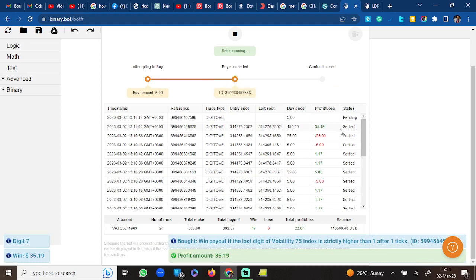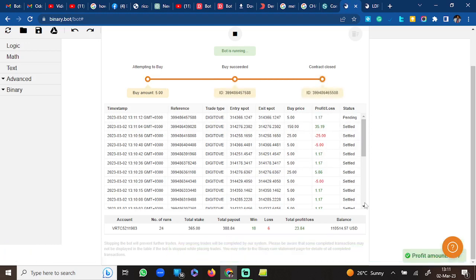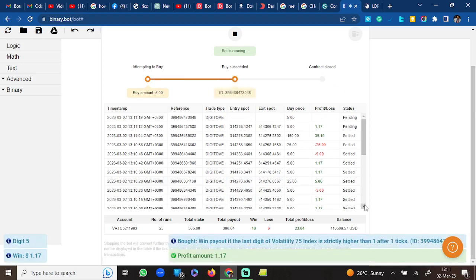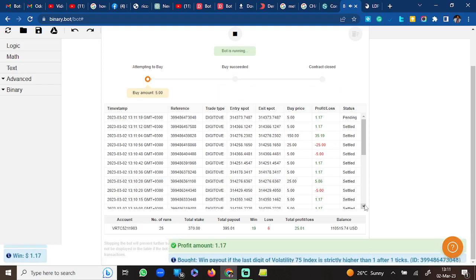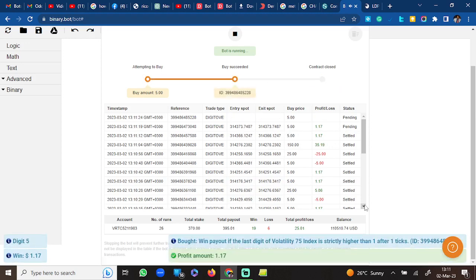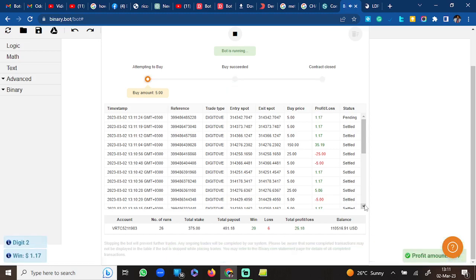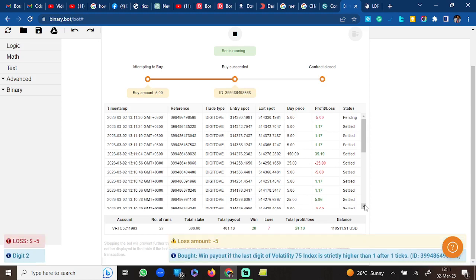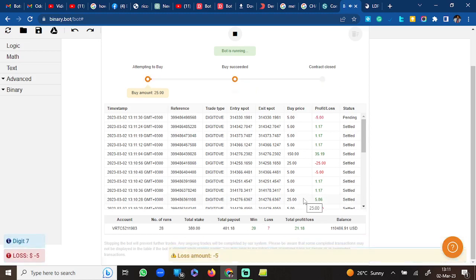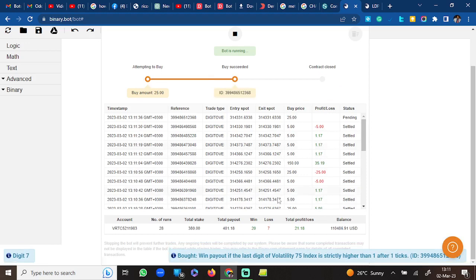It becomes very tricky because those double losses can wipe your account. So stake an amount you know you can simply recover. You still have enough balance to recover, and we are moving.